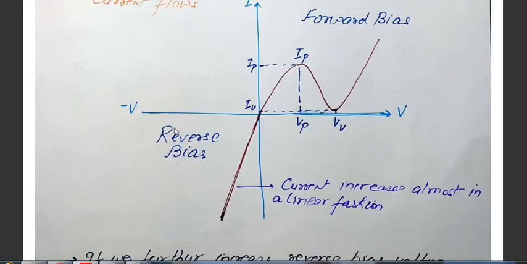Now this process of reverse bias we can see in this particular diagram. This is the reverse bias case. This is the voltage V, which is the reverse bias voltage, and this is the corresponding current which is flowing in reverse bias mode. Now here we can see the current increases almost in a linear fashion.